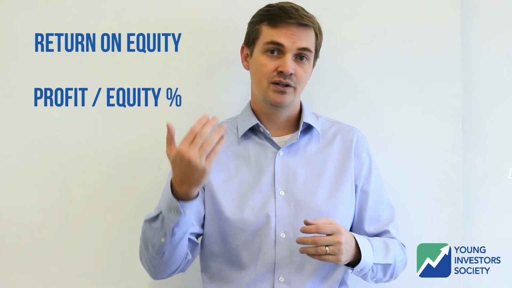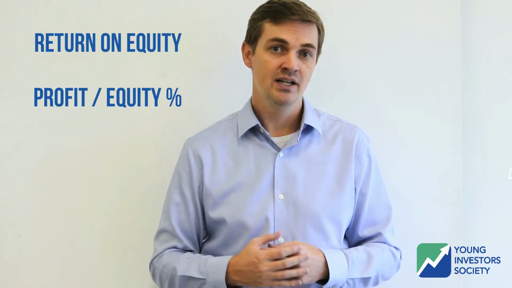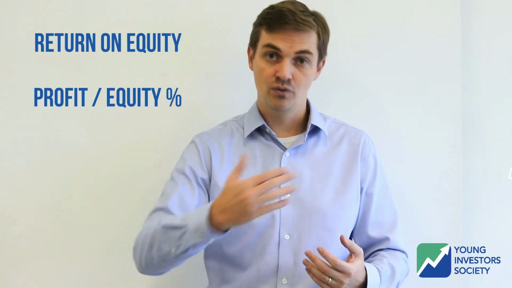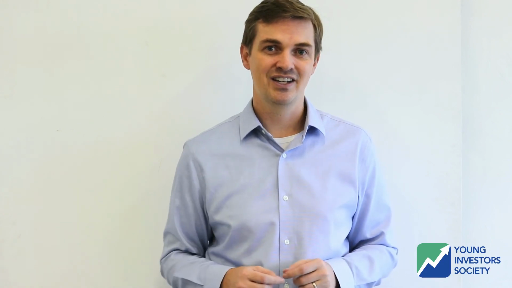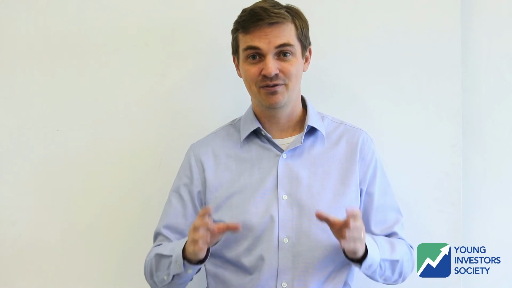So if you can get a 20% return on equity, that is a fantastic 20% return on that book value per year. And that indicates that this is a great business that can earn high returns on capital. And so the ROE, or the return on equity, is another key statistic. I hope this helps explain the first section, which is the company overview section of the stock pitch presentation.